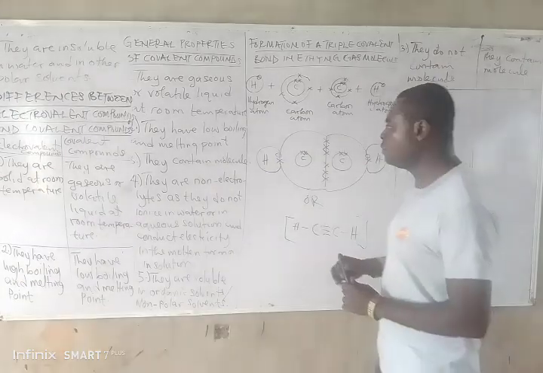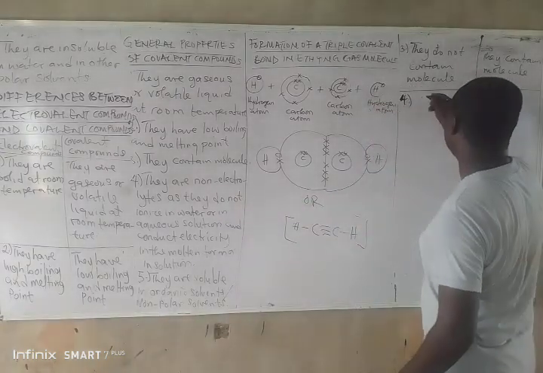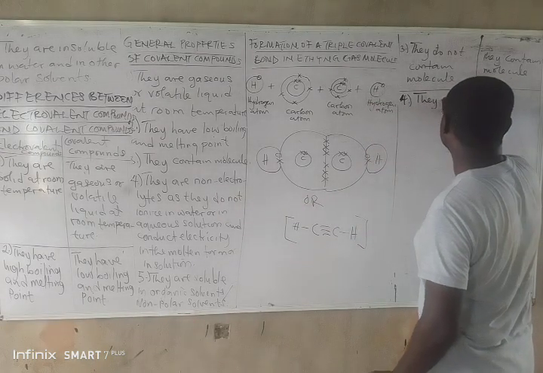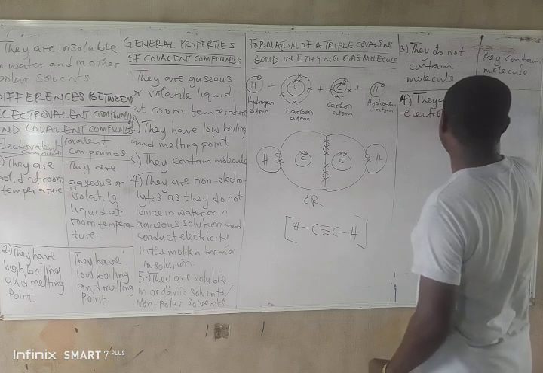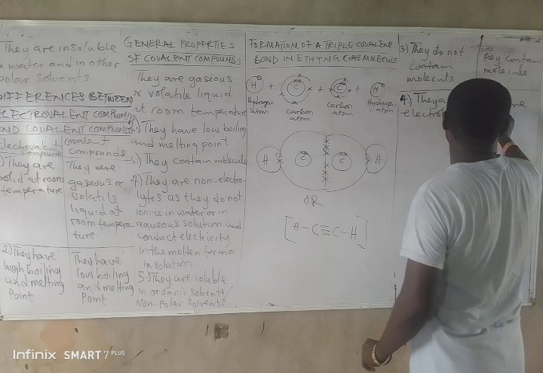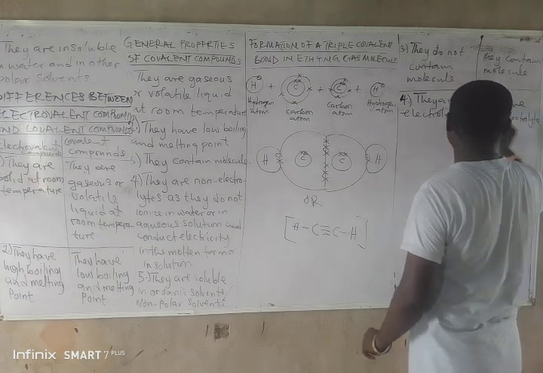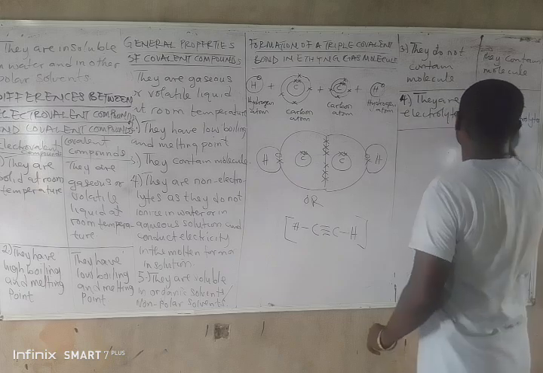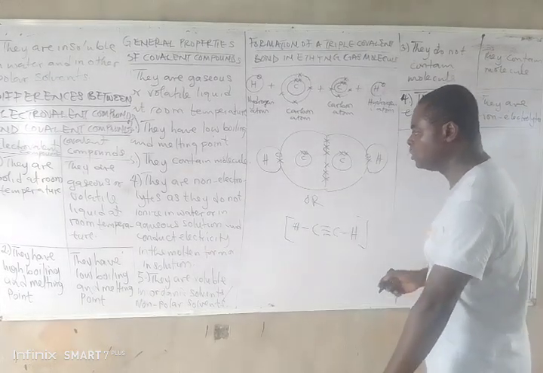Number 4, don't forget that we say these ones are non-electrolytes. Here, electrovalents are electrolytes, while these ones are non-electrolytes. Why are electrovalents electrolytes? Because they can conduct electricity in molten form or in solution.